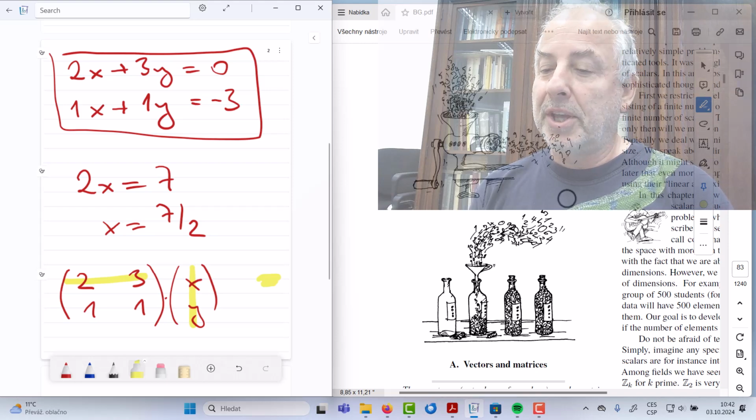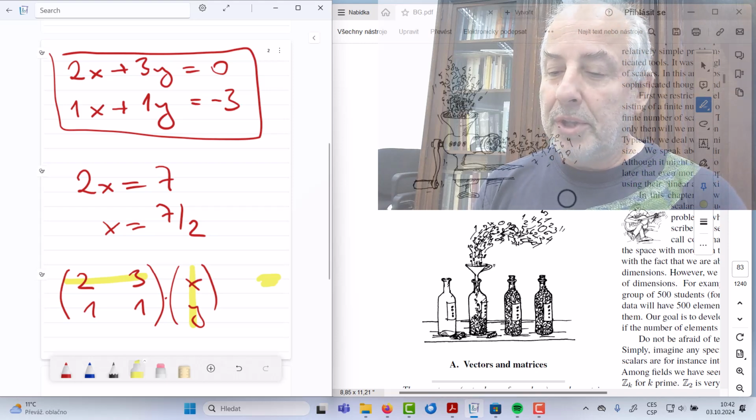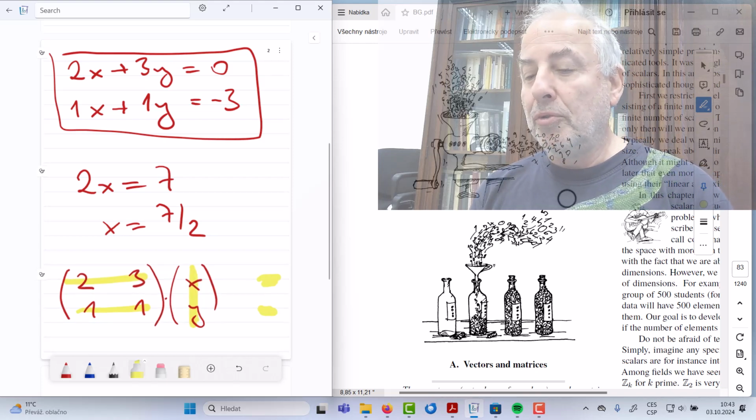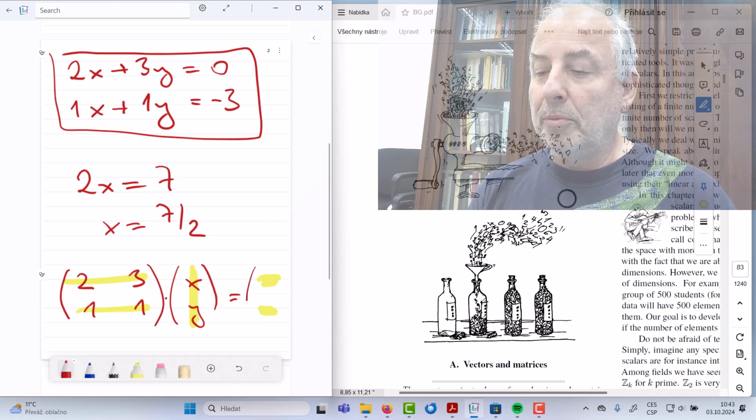So in our case 0. And then you take the second row and again the first column, and you will get the second thing. So here it will be 0 and minus 3, right?